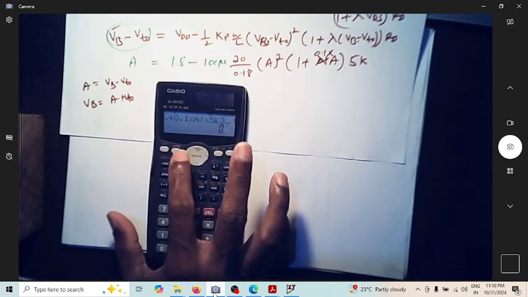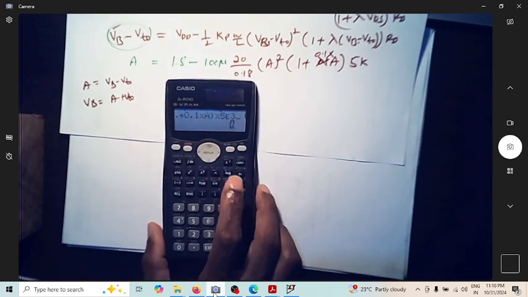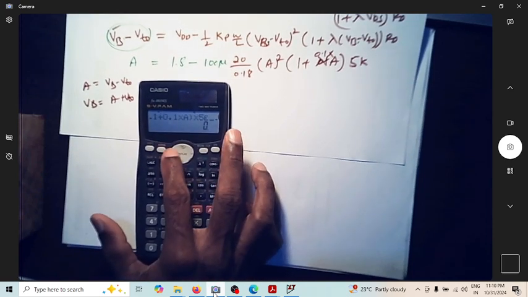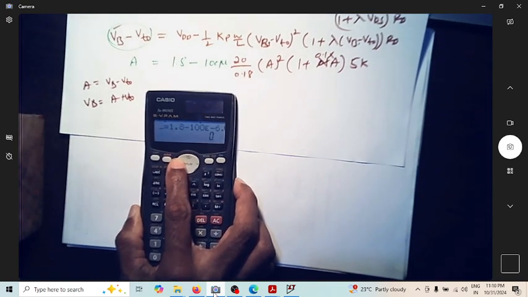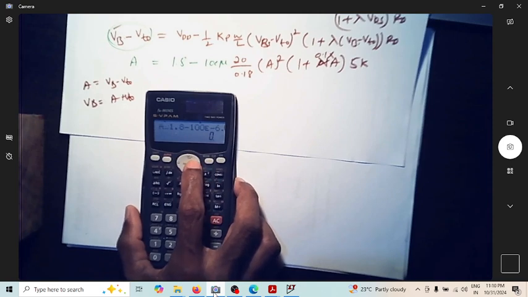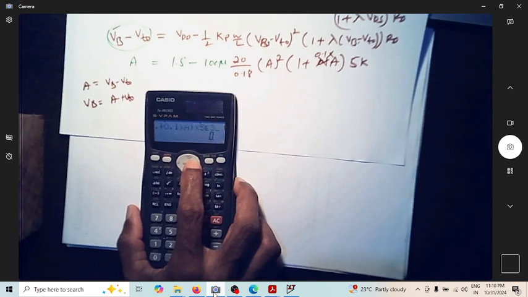We are done. So this is what we have in the equation. Let me start from here. It is A equals 1.8 minus 100 micro into 20 divided by 0.18 multiplied by A squared into (1 plus 0.1 A) into 5 exponential 3.